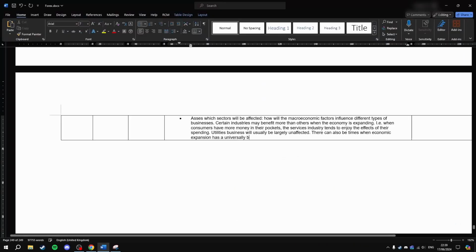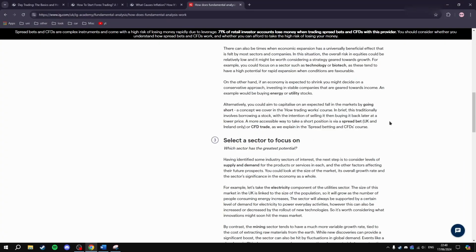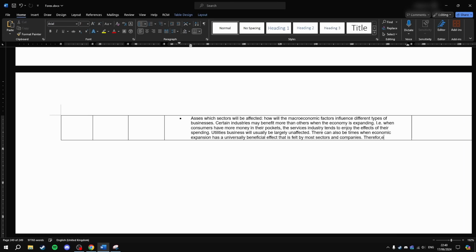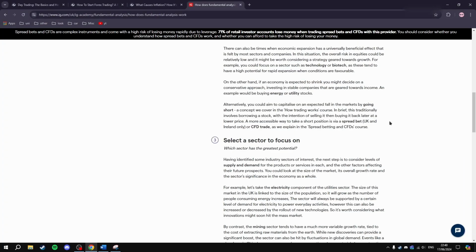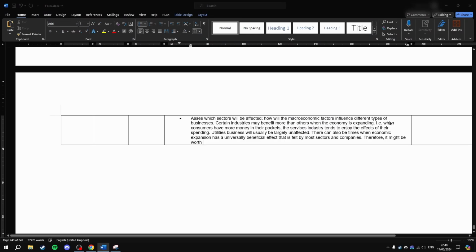Therefore, it might be worth considering an investment strategy geared for growth, e.g. technology and biotech.